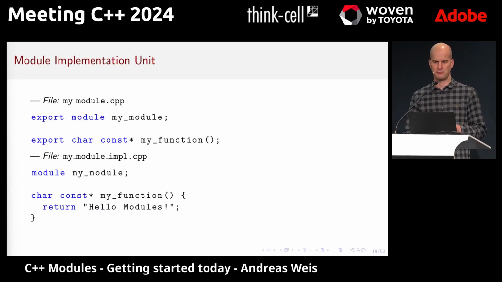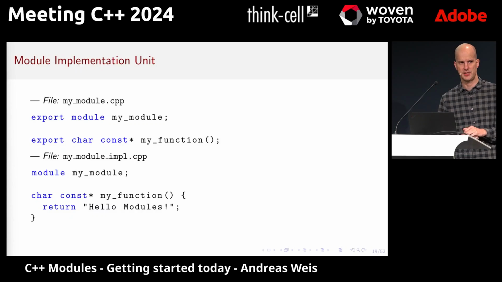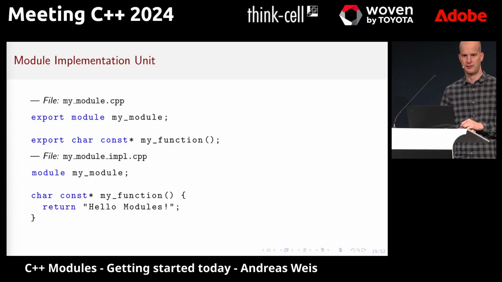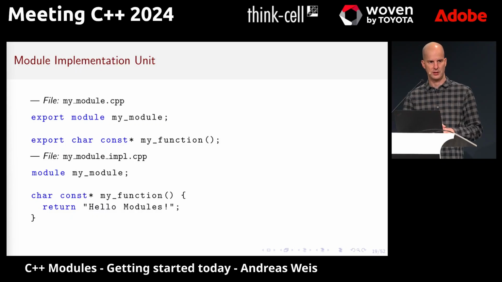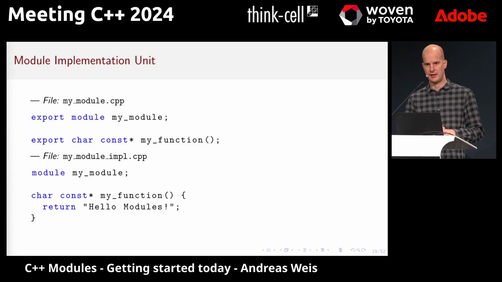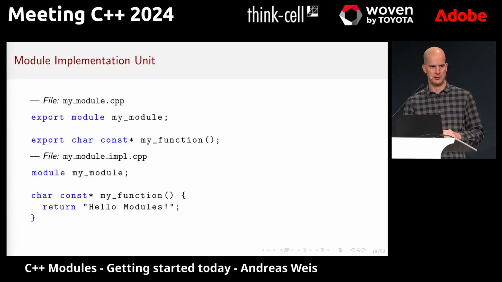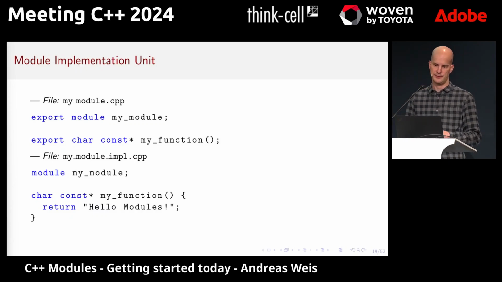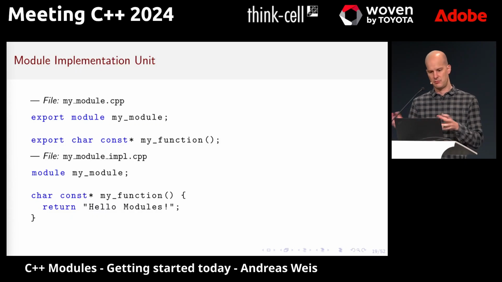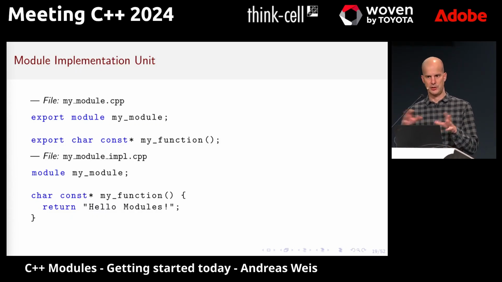This is not required to the same extent as it is with header files. You don't have the problem that if you put certain definitions in the header files, then they cannot be included by more than one source file. But you might have other reasons why you want to split this up.